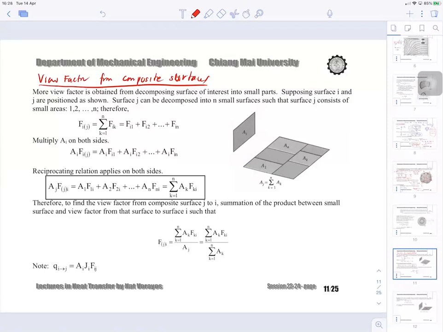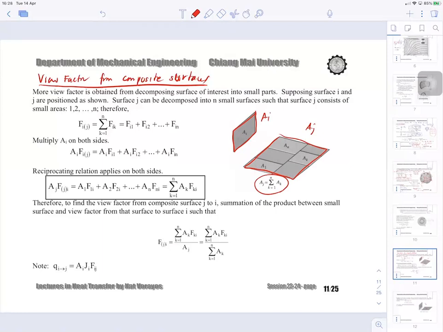Let's say we have the surface i. This is surface i. And then we have a surface j. And it seems that surface j can be decomposed into a number of small surfaces.